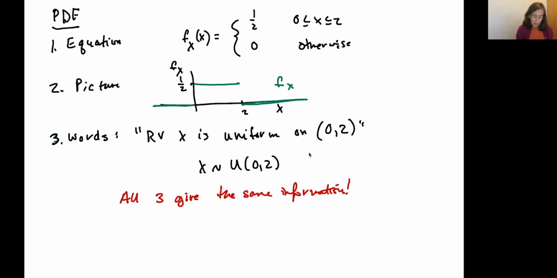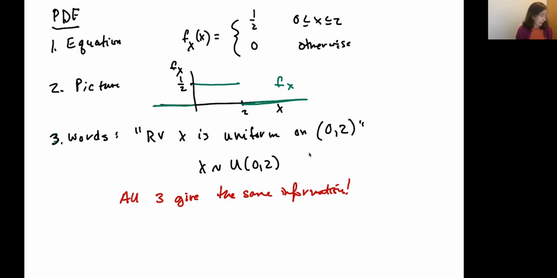Sometimes going from the words to the equation can also be helpful. Also, when you see an equation or a picture, if you can start recognizing the verbal descriptions, like every time you see a PDF that is just a flat line over some interval and zero everywhere else, if you can remind yourself that that's uniform, that's going to help you leverage your intuition for working with these things.